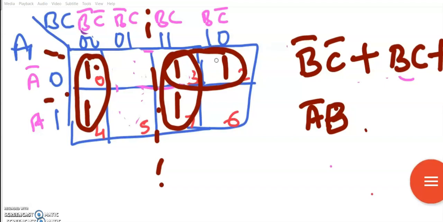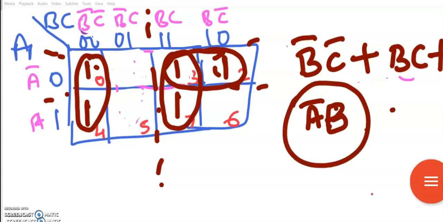When we make these two into a group, we look at what remains common in these cells. The content that remains common here is A bar, and out of this horizontally, C bar remains common, so C bar.